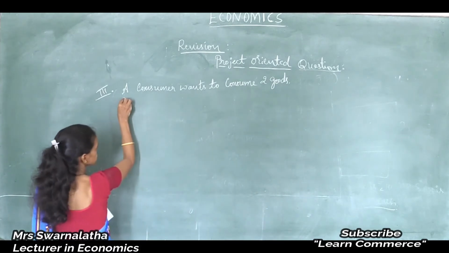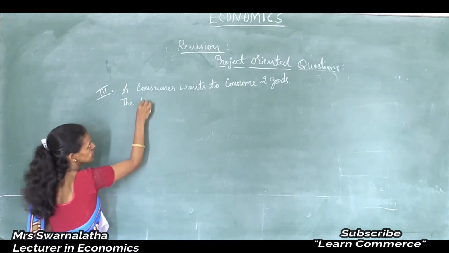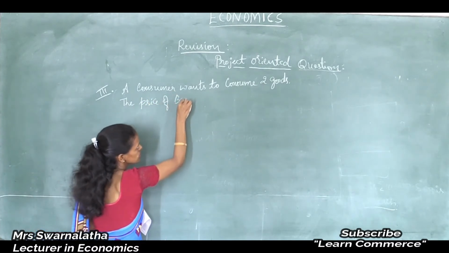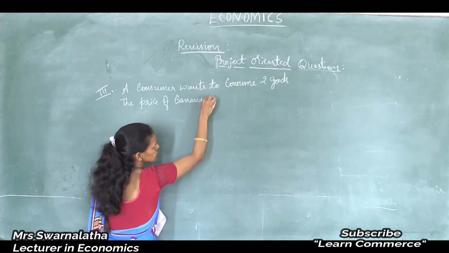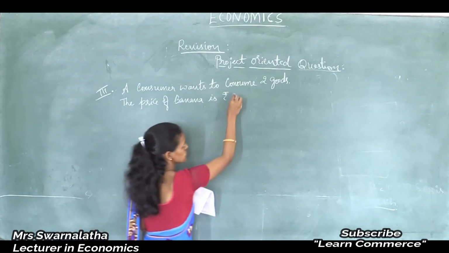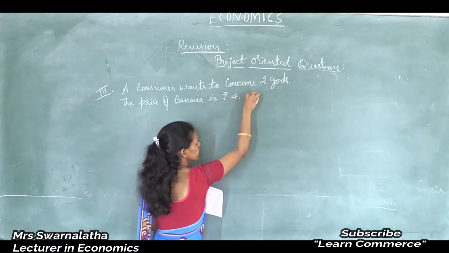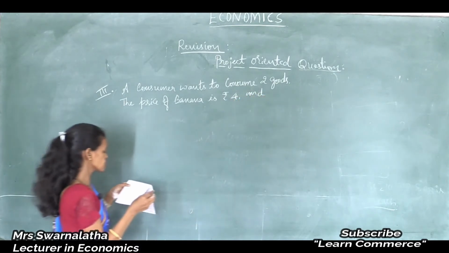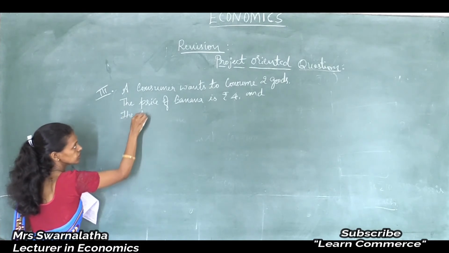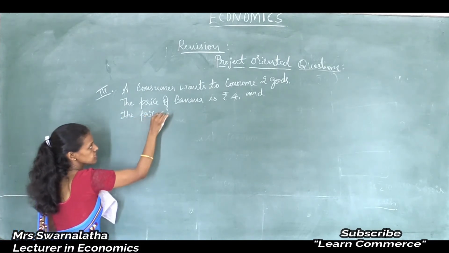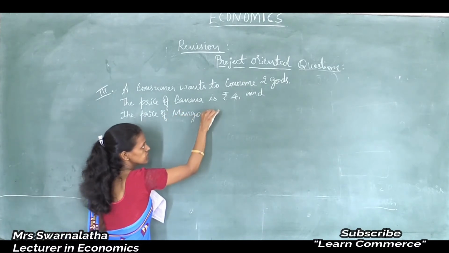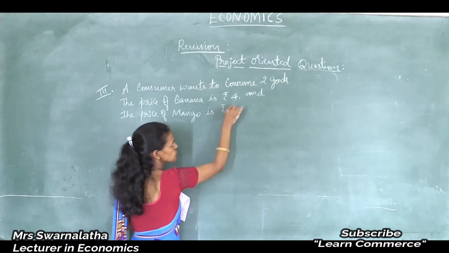The price of banana is rupees 4, and the price of mango is rupees 5.